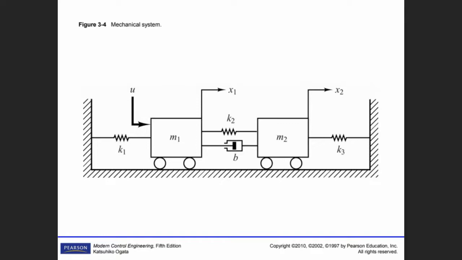Let me define that transfer function: X2 over Us. U here is a force. Be careful. It is not position. U is a force. Let me write this here, because generally speaking, the students learn from the one example we have.